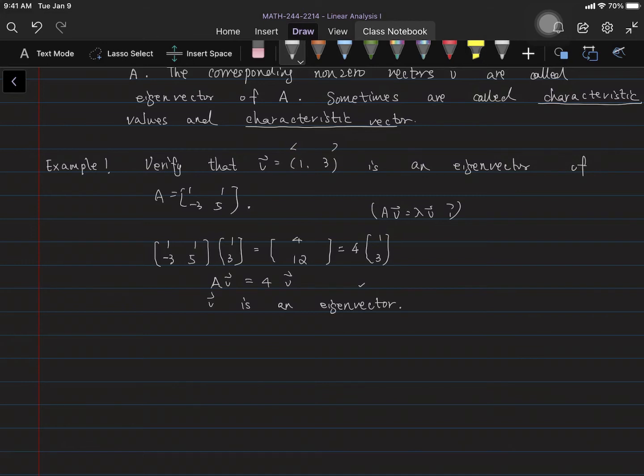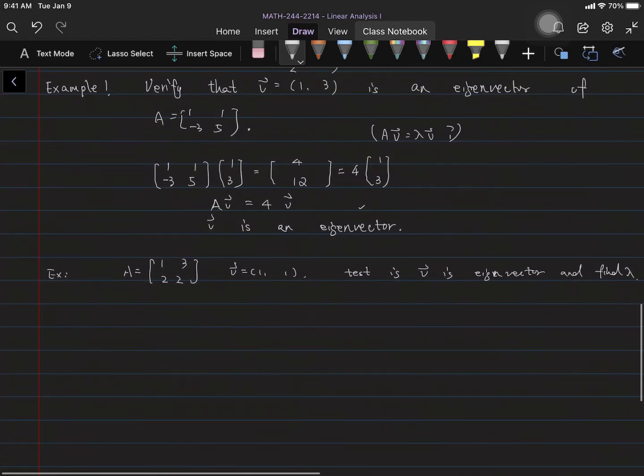Okay, and you can try this exercise actually. For this matrix, 1, 3, 2, 2, and for this vector, which is 1, 1, please test if V is an eigenvector and find lambda.